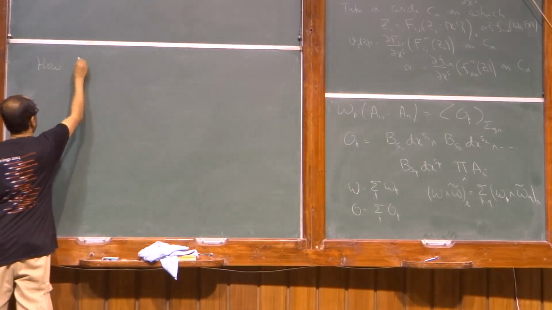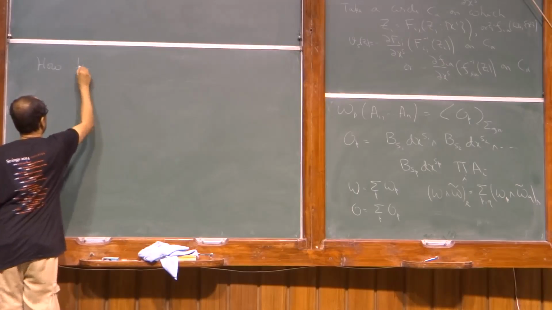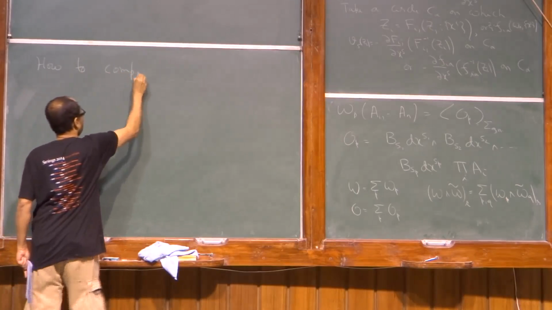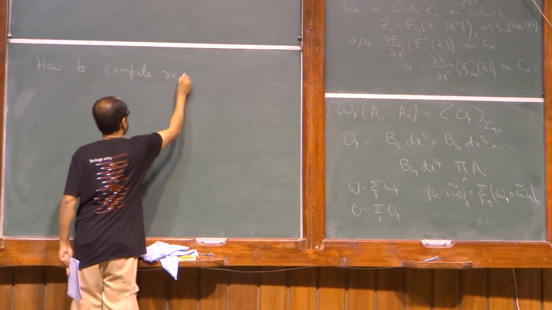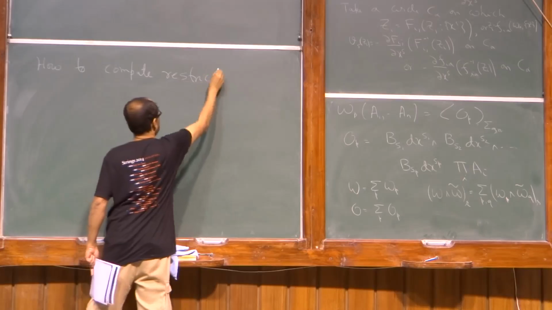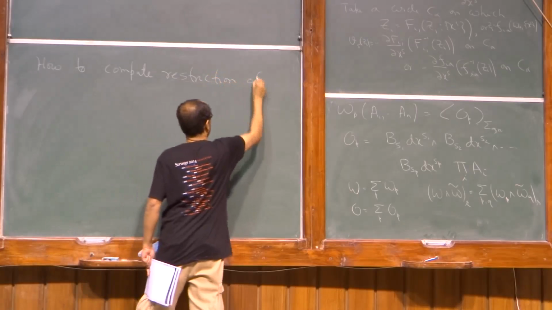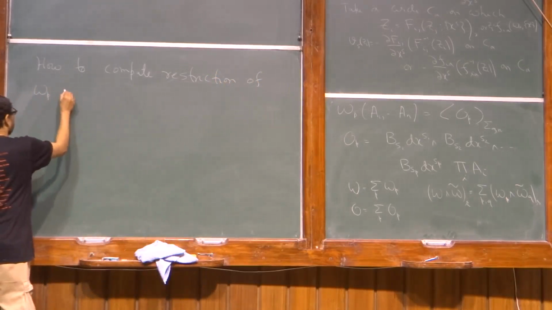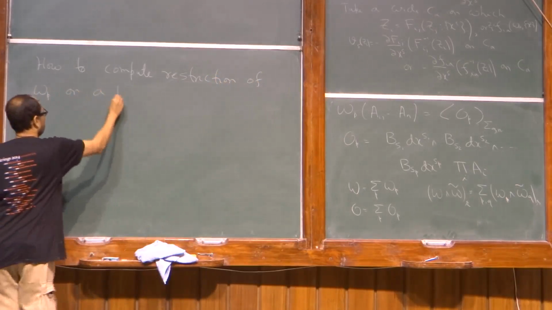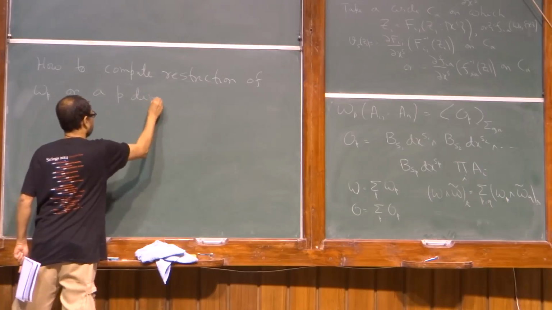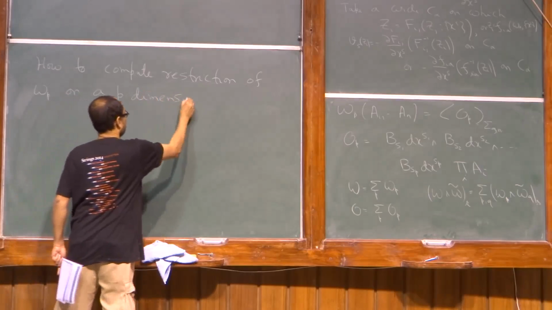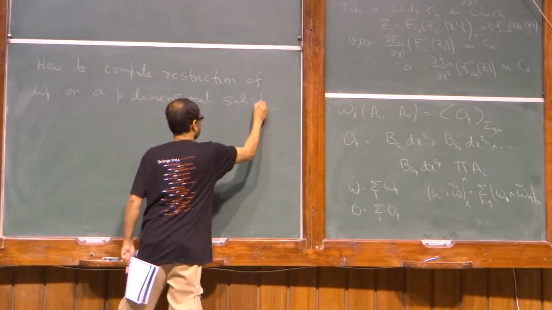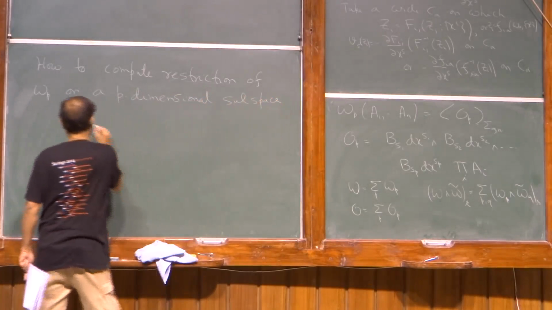How to compute the restriction of omega p on a three-dimensional subspace of PGN.